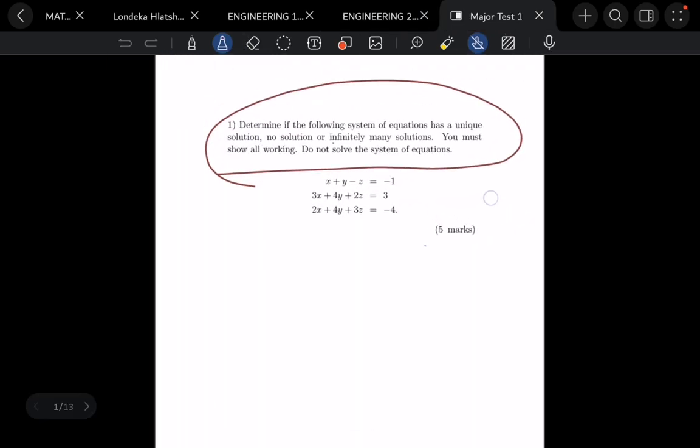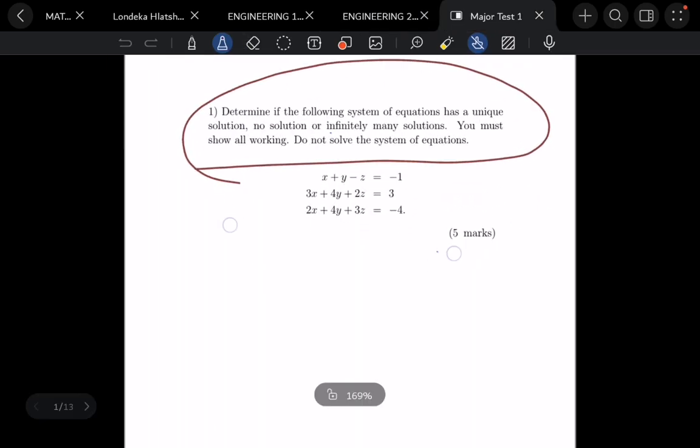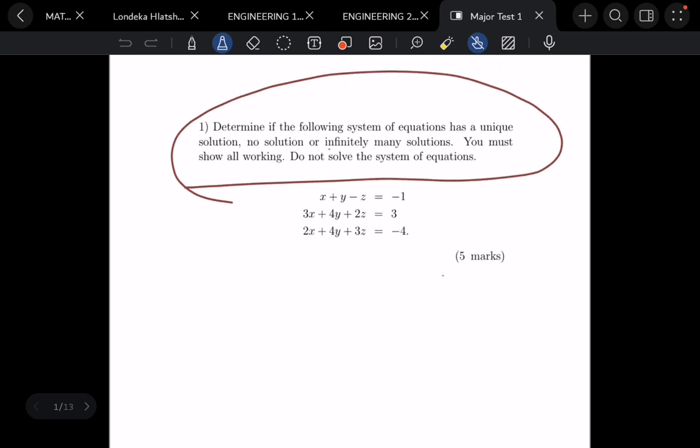It is how your question is going to look in a particular exam. This is your question. All right, that is your question, and make sure that you understand it. That is how your question is going to look in your exam.